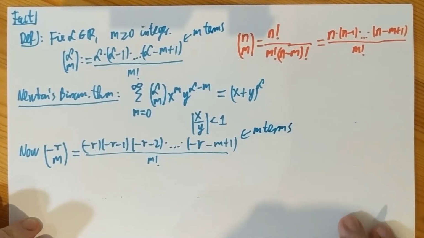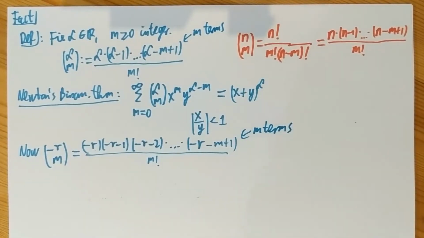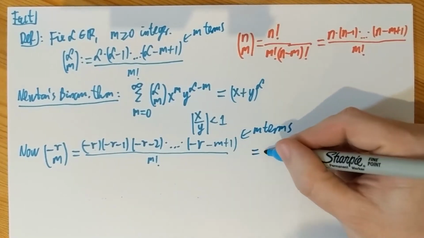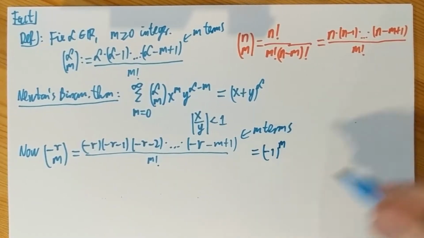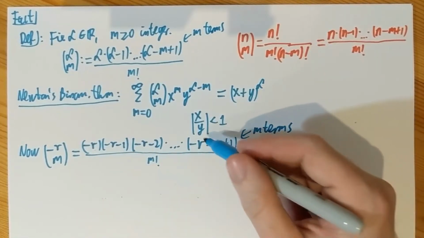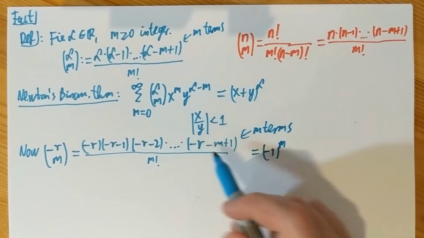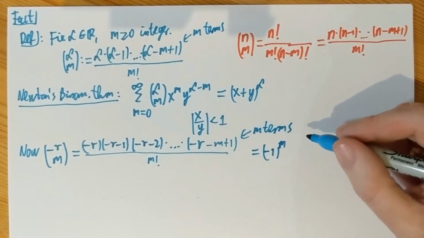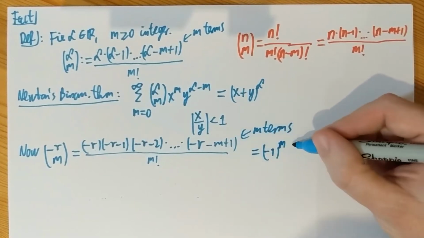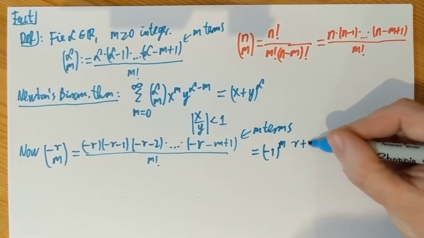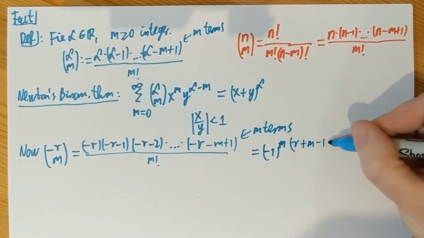Okay, now I want to factor out a minus 1 from each of those terms. So I'm going to say minus 1 to the m and then change the sign for each of them. And actually this was the smaller, but if I factor out the minus, this is going to be the larger of them. So I'm going to start with the last term, which is r plus m minus 1.